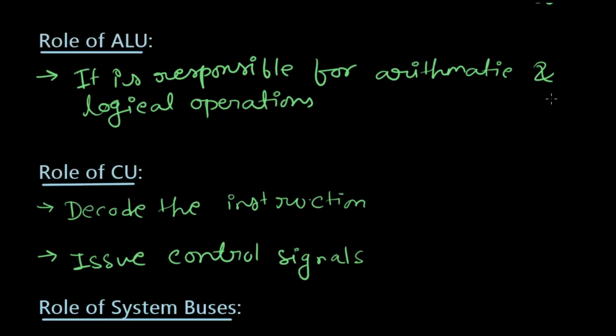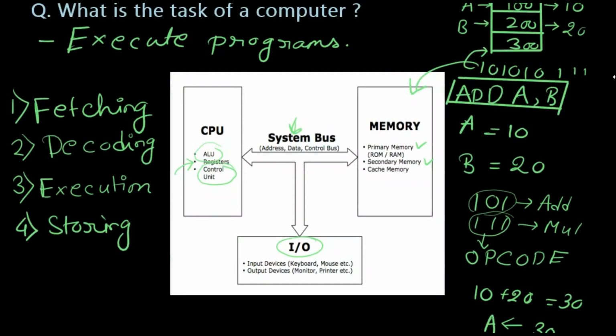I told you now that the value of a, 10, and the value of b, 20, are located inside some memory. So these memory blocks will have some addresses by which we can uniquely identify them. Now these addresses have to be known to the CPU to access a and b.